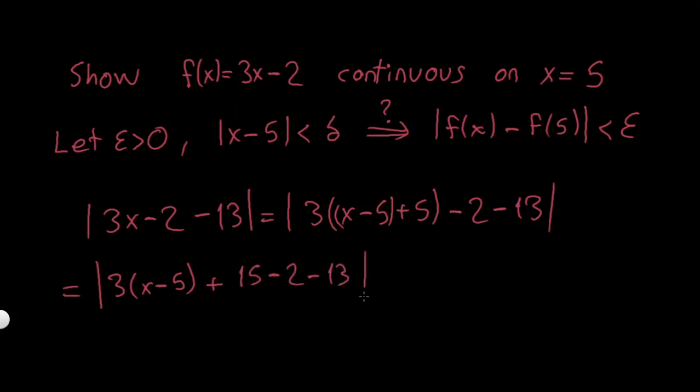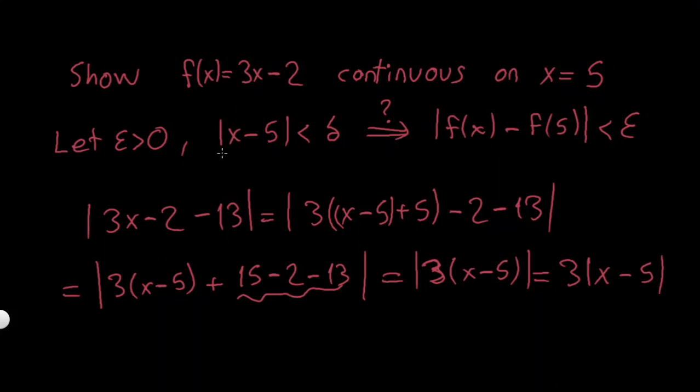If I have something like multiplying stuff, like 3x minus 2 times 2x plus 5, whatever, you can still do this method, and it's a bit easier to see with this method. So this thing will go to just 0, so I have just 3 times (x minus 5). So I can take this constant outside. It will be 3 times |x minus 5|.